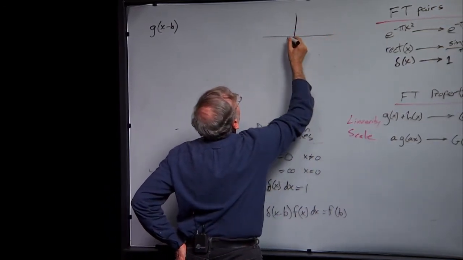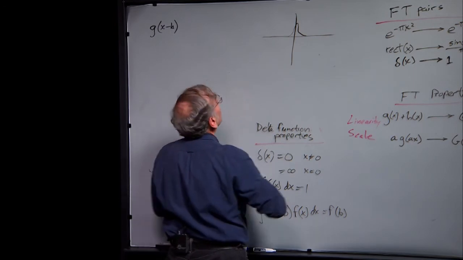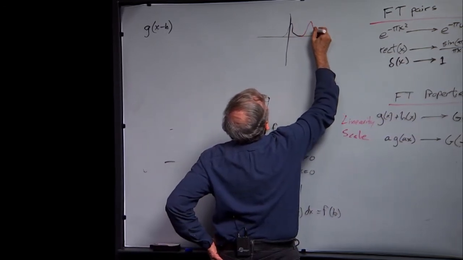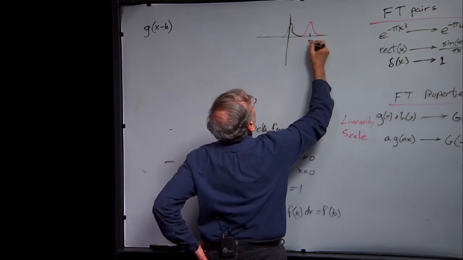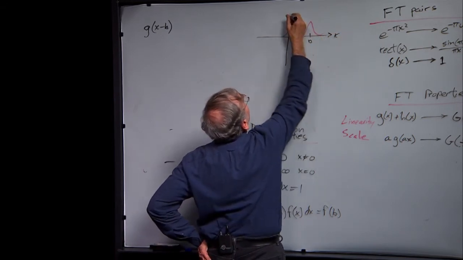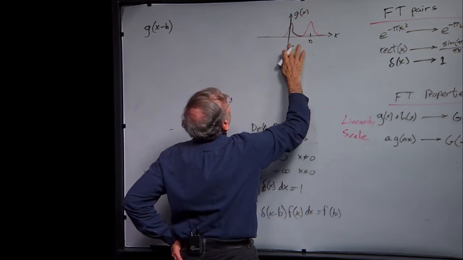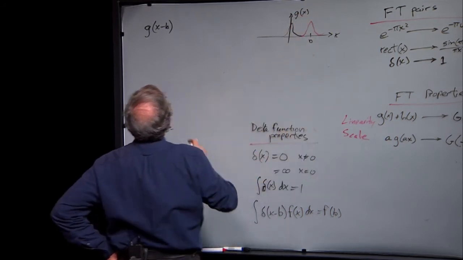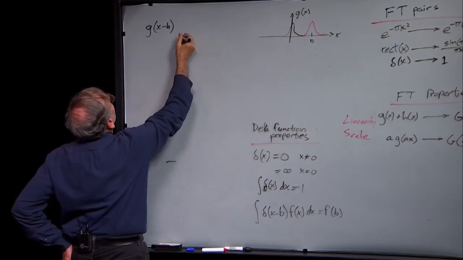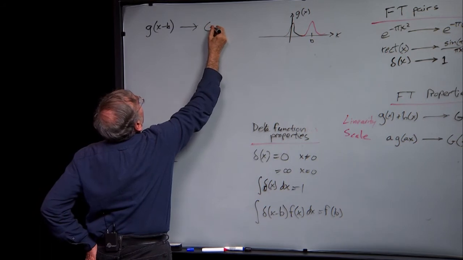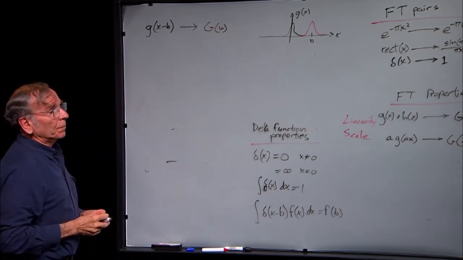For example, I take my original Gaussian function and I shift it over like this, centered on some value b away from the origin. So this is x, and this is g of x. Then what is its Fourier transform? What is G of u?